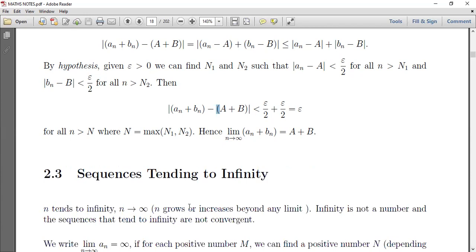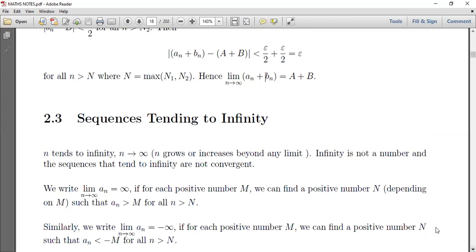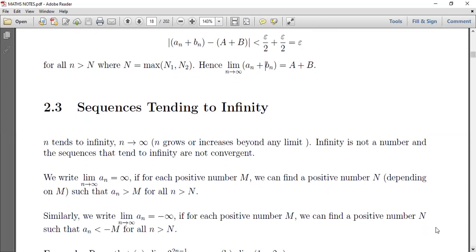Therefore, we now have two integers, N1 and N2, and the N that we want, for n greater than N, is the maximum of N1 and N2. Hence, the limit of AN plus BN is equal to A plus B. That's a way of proving that the limit of the sum of two sequences is equal to the sum of the individual limits.